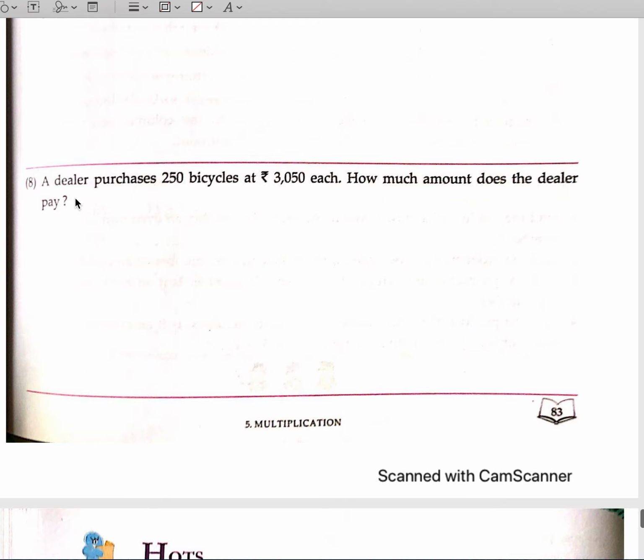Next we will do a dealer purchases 250 bicycles at rupees 3050 each. How much amount does the dealer pay? So he buys 250 bicycles at 3050 each. So if we need to find the total amount he paid, then we need to do 250 into 3050.